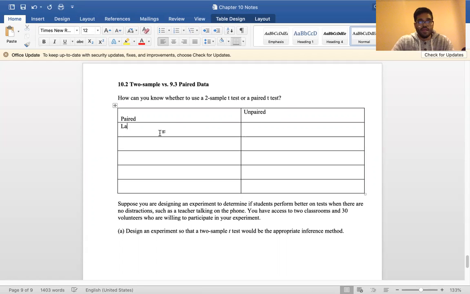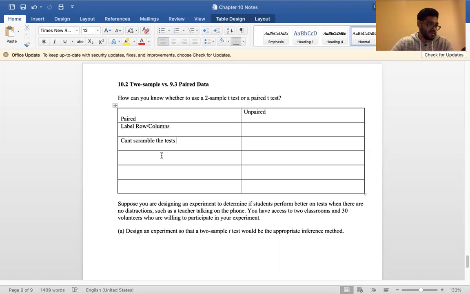So for paired, we want to label rows and columns. You can't scramble the list, right? Because when it's paired, the corresponding values are linked to each other, right? So for example, like a pretest and a post test, I can't just mix things around because it doesn't make sense at that point.